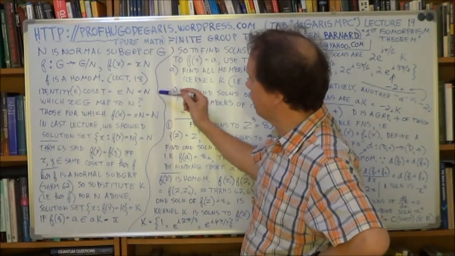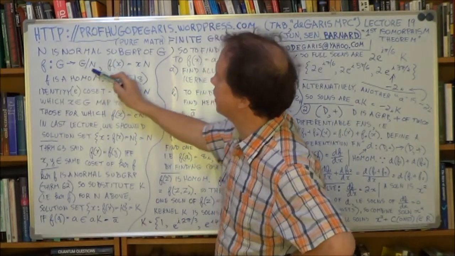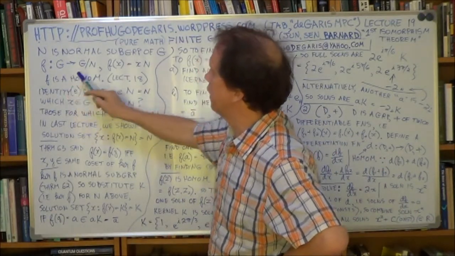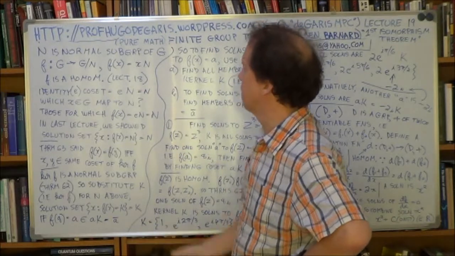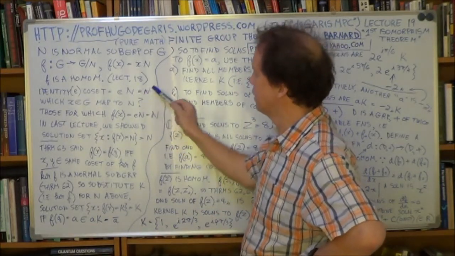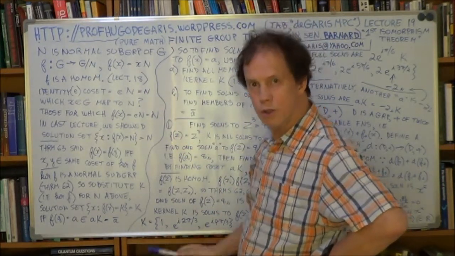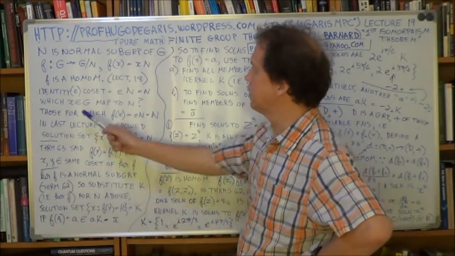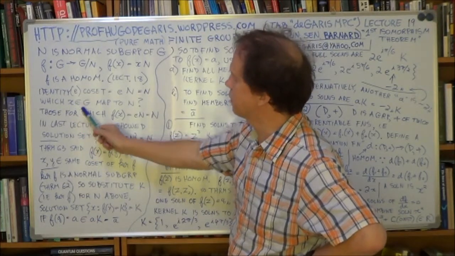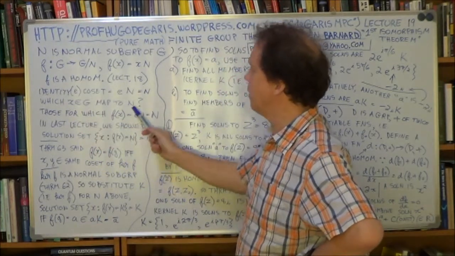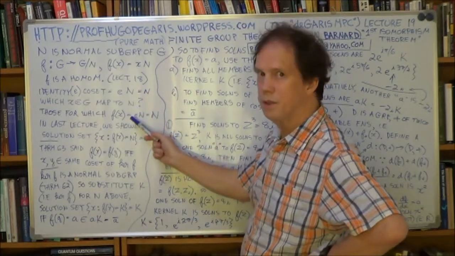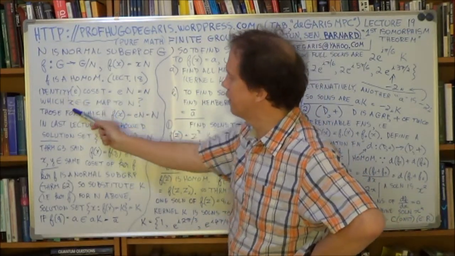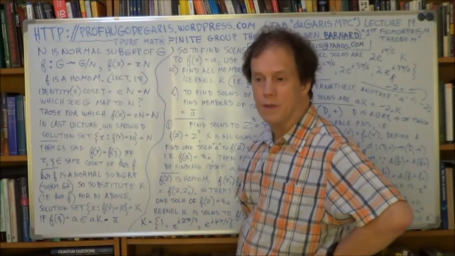If you think of this as H, the general mapping between two groups, mapping G into H, then this unit here, which is just N, is your unit of H. So in asking this question, which elements belonging to G map into your unit element? That ring a bell? You're asking in effect, what is the kernel?